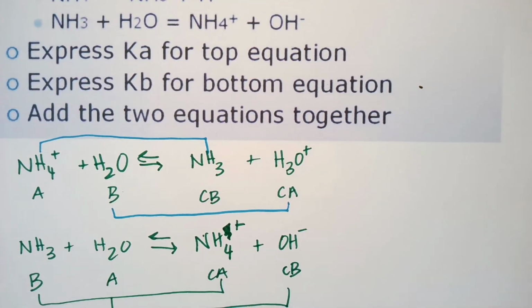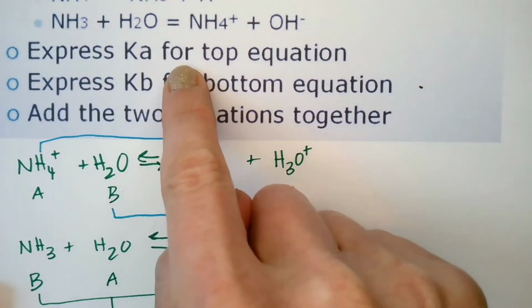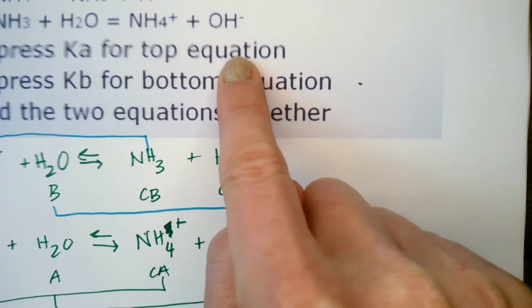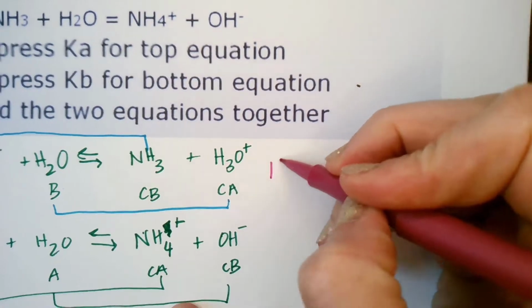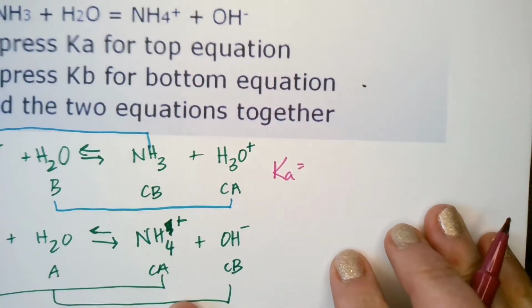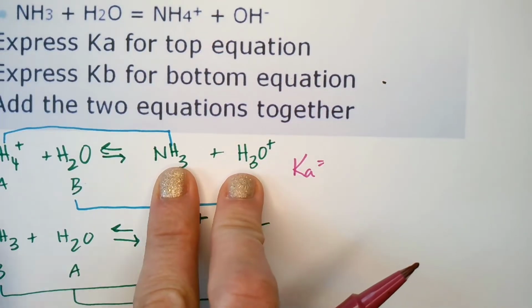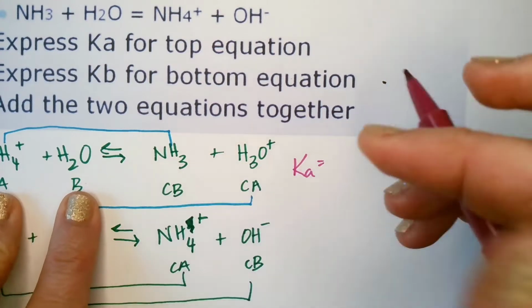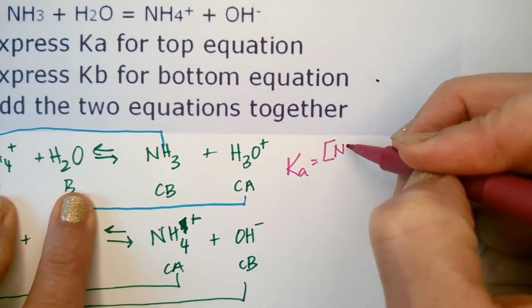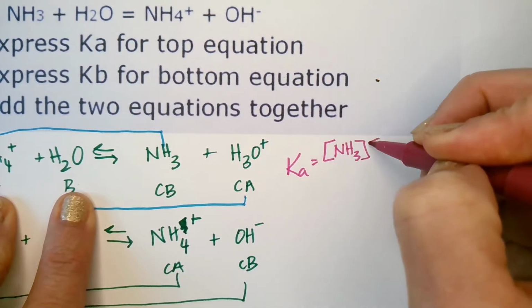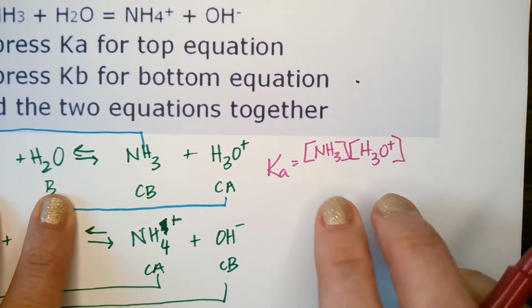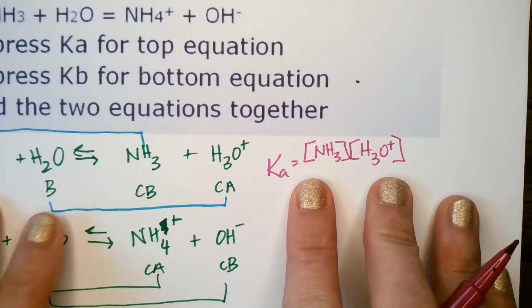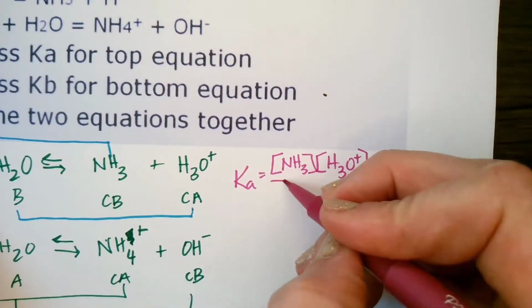So it wants us to express our Ka for the top equation, and we're just going to write the expression for this. Our Ka is our products over our reactants, leaving water out. So we have NH3 and H3O plus, my products, over NH4 plus.